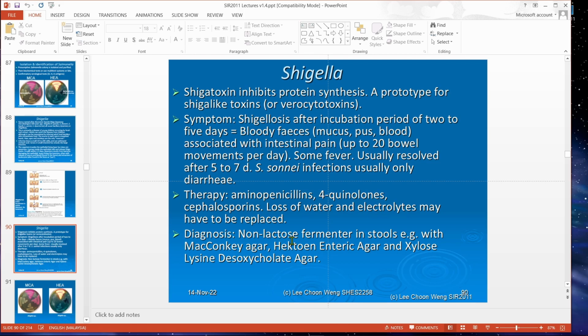So usually procedures in the media are similar to Salmonella, but the main differentiating factor is Salmonella tends to produce H2S, whereas Shigella don't. Shigella is also non-motile, whereas Salmonella is.